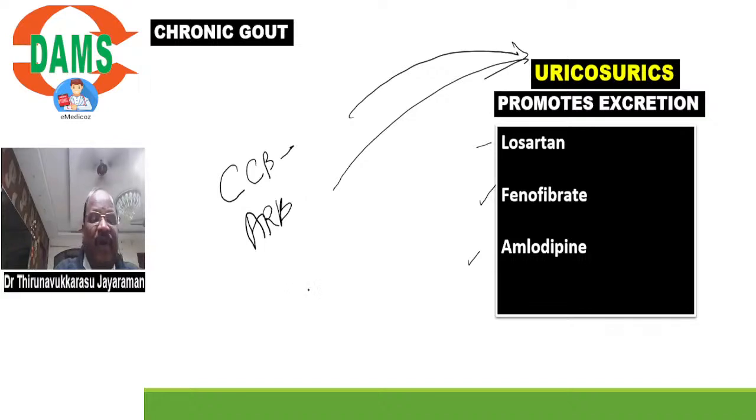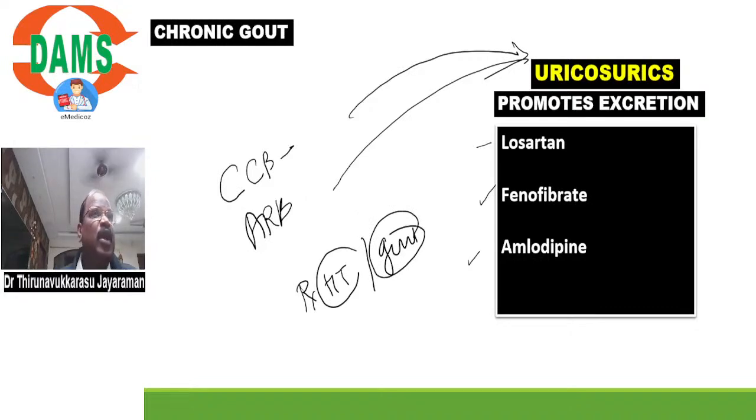That means for treatment of hypertension with gout, the preferred CCB is amlodipine, and the ARB very suitable is losartan. So losartan, amlodipine, and fenofibrate all have uricosuric property.